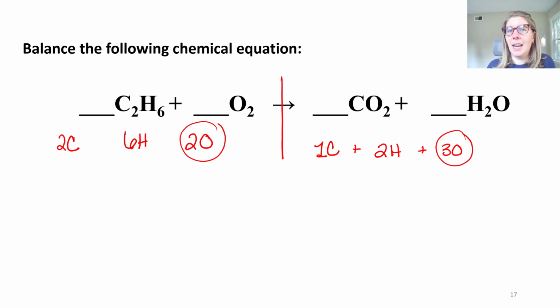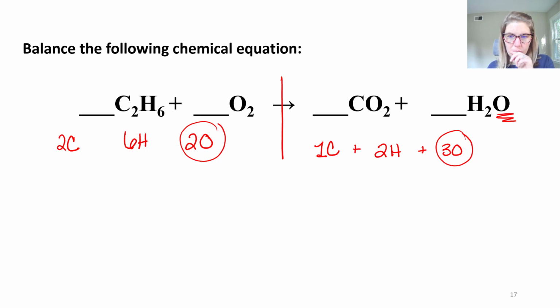So one of the nice ways to start is to start thinking about how to make that oxygen that's on the product side that's odd into something that's even. And when we start making that into something that's even, we have to multiply it by an even number, right? So an odd times an even is going to be an even.